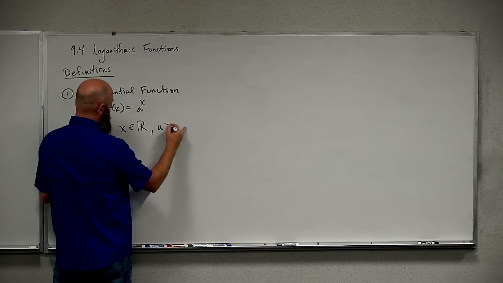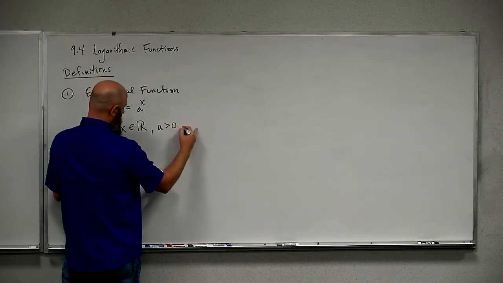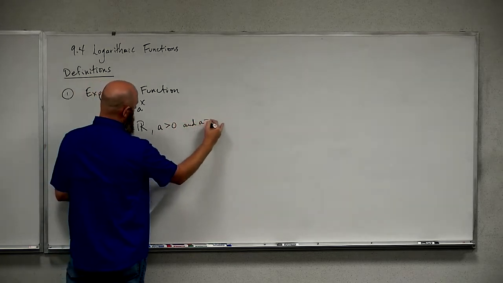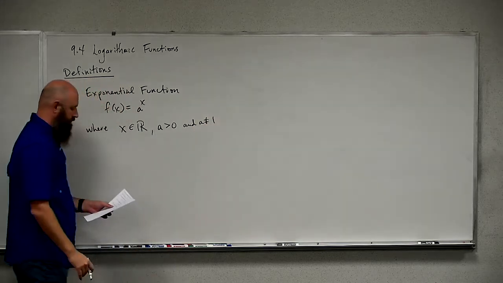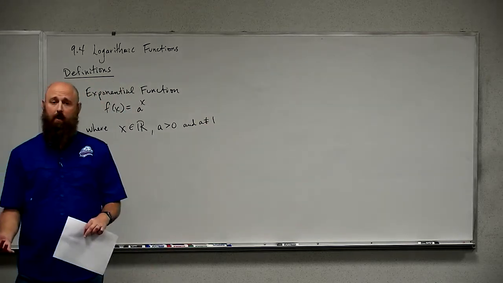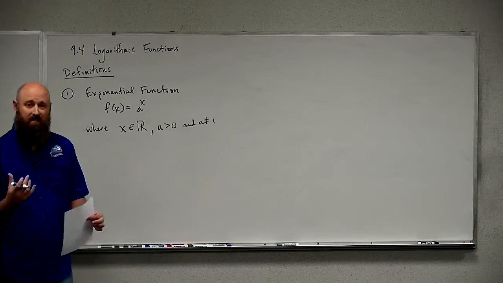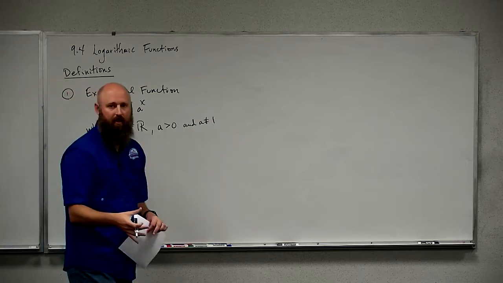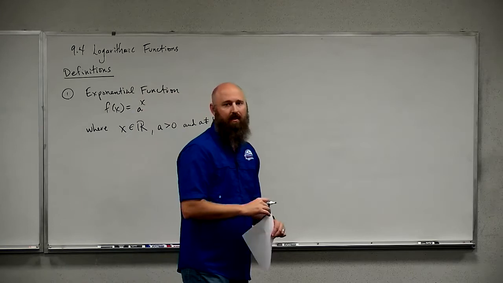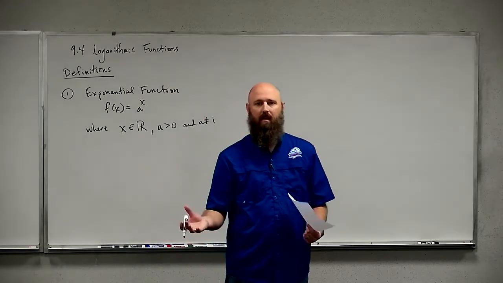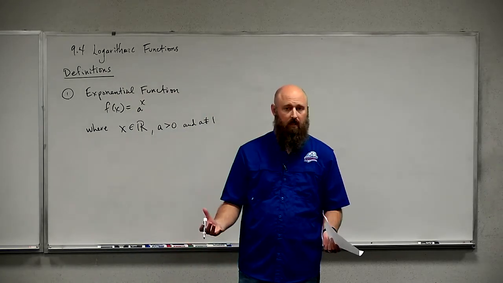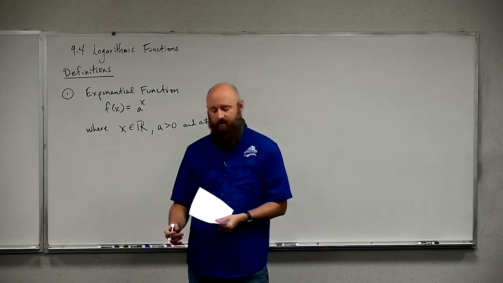A has to be greater than 0, and a cannot be 1. A does have to be positive, because if it's negative, we get some weird stuff going on. And it can't be 1 because 1 to any power is still 1. So we do need those two pieces.